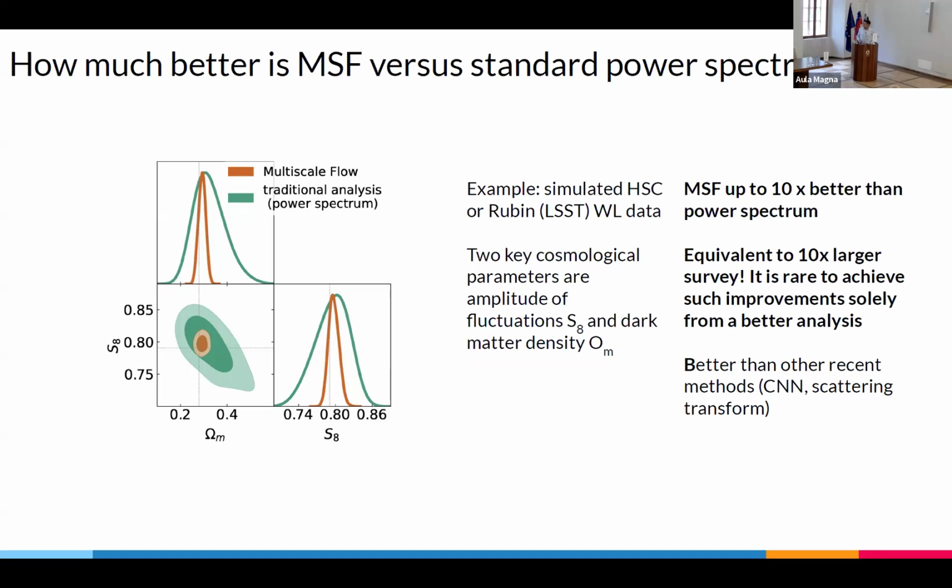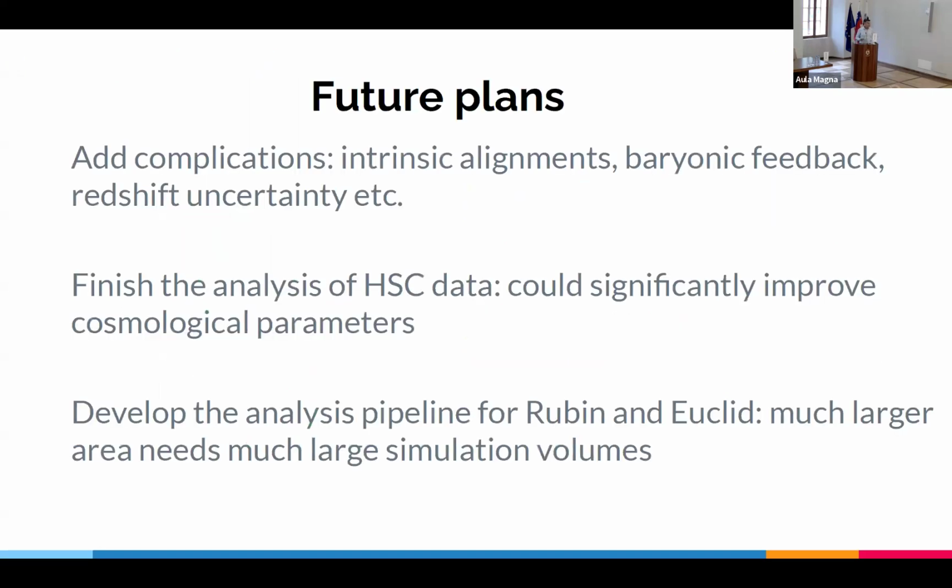Okay, so what are our future plans? We need to add more complications from the real data. So we are working on adding intrinsic alignments. We're working on adding baryonic effects. We're working on adding photometric redshift uncertainties.